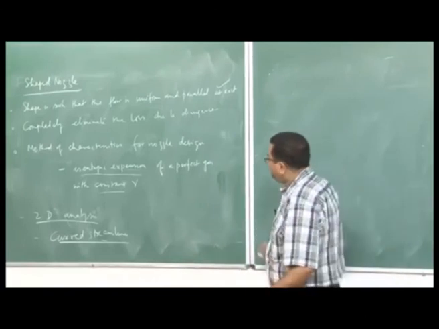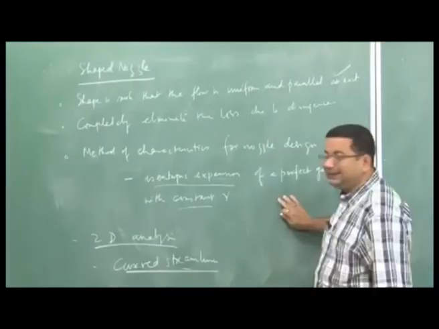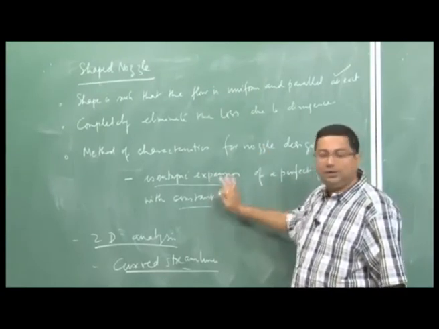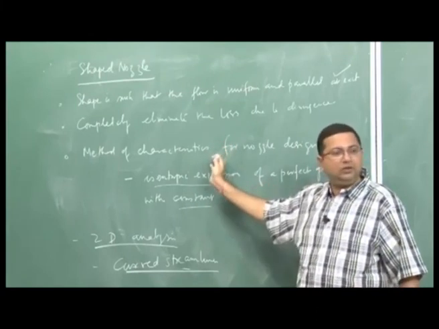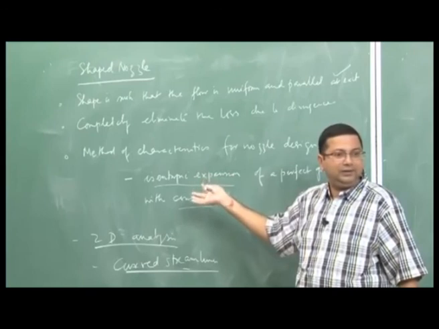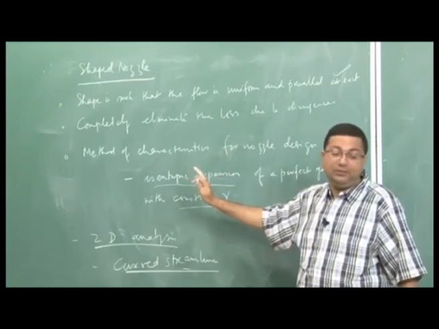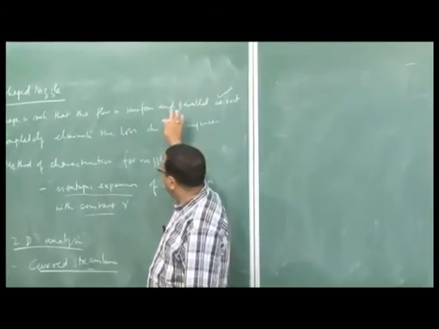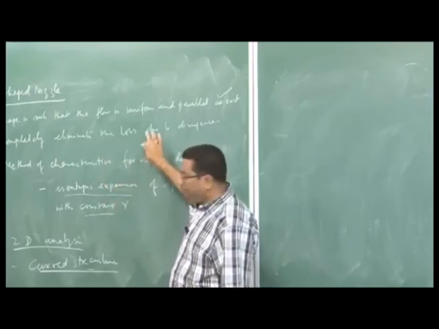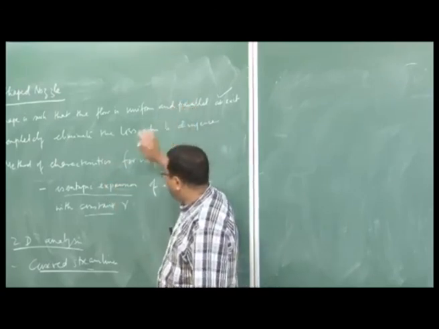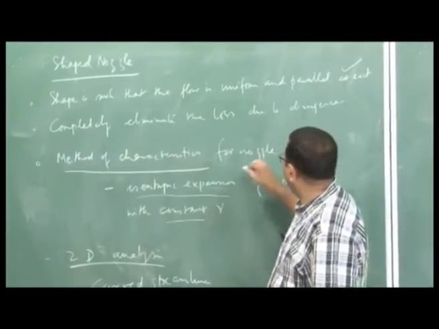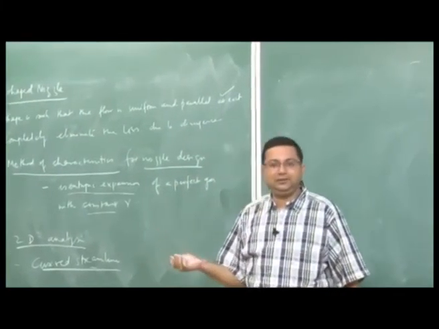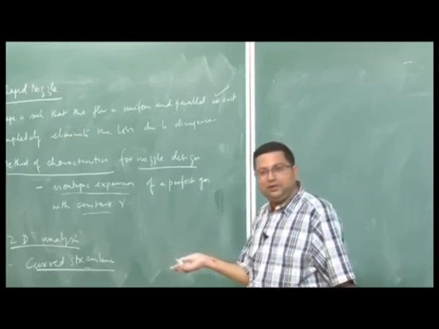This is what we are going to discuss in the next class, that how do we get this shape, how do we use method of characteristics, because we have shown that the conical nozzle, although easy to make and easy to analyze, the losses can be quite significant because of the 3D effect. So, we would like to eliminate those losses by giving a proper shape to the nozzle. Essentially, we will discuss method of characteristics for nozzle design.